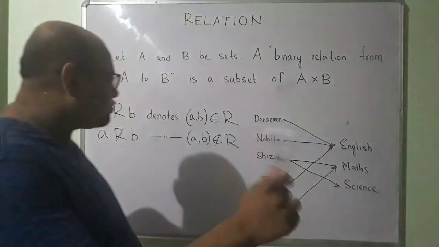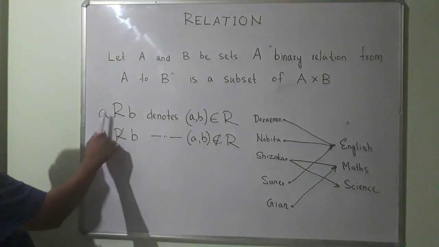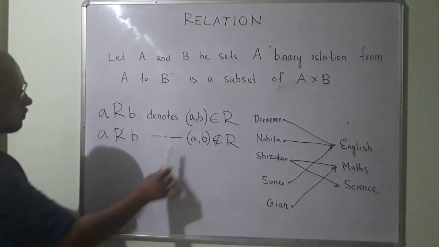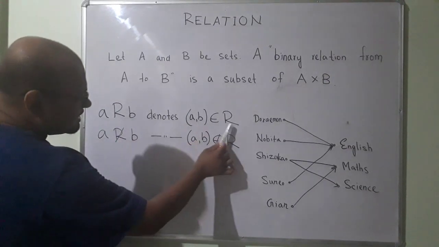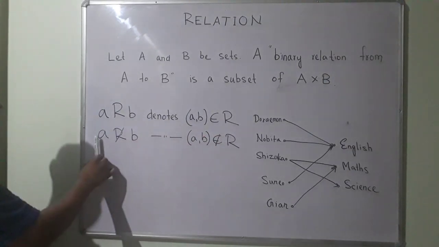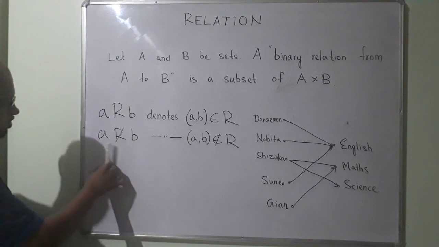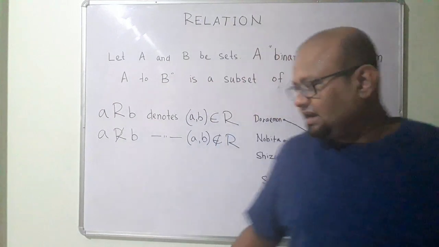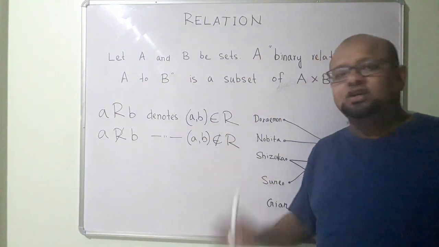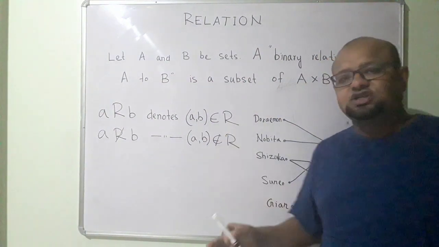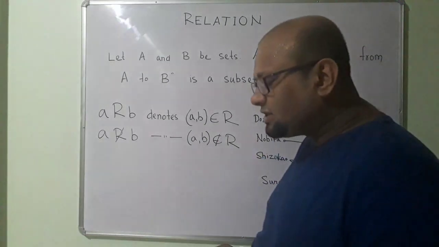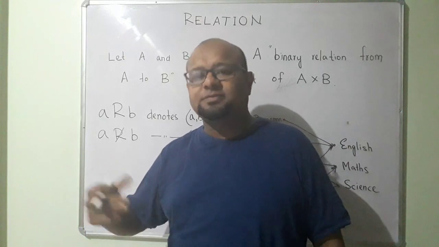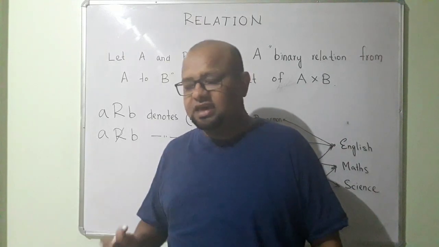Now, two notations: a R b. We use this notation when this ordered pair (a, b) is in the relation. And a R-crossed-off b. We use this notation to denote that this ordered pair (a, b) is not in the relation. So a relation is, for all practical purposes, also a set, a subset of A cross B, the Cartesian product.